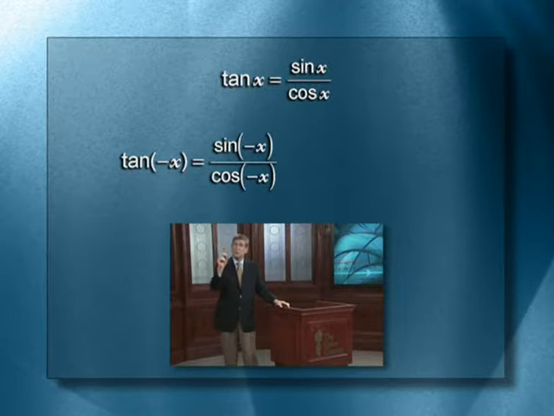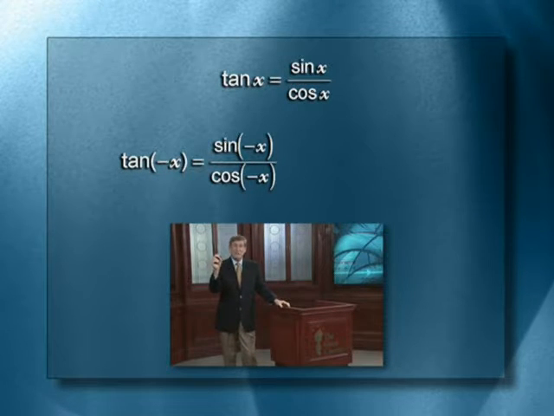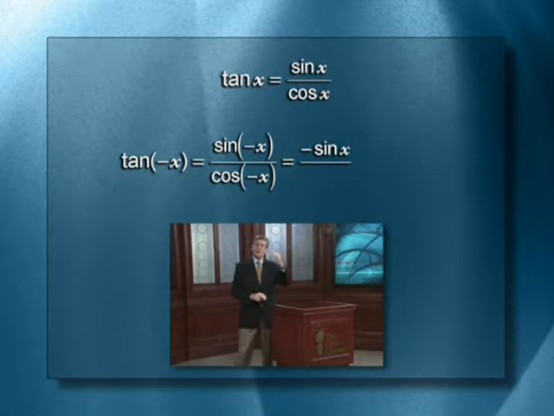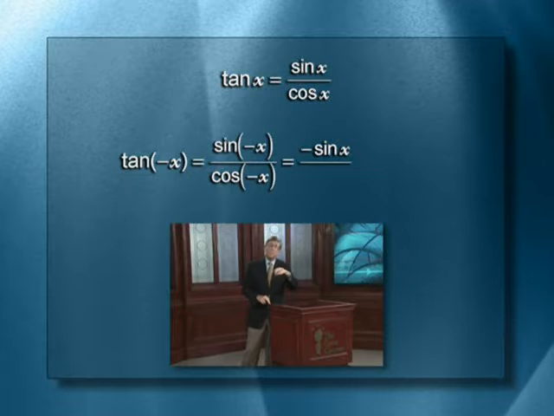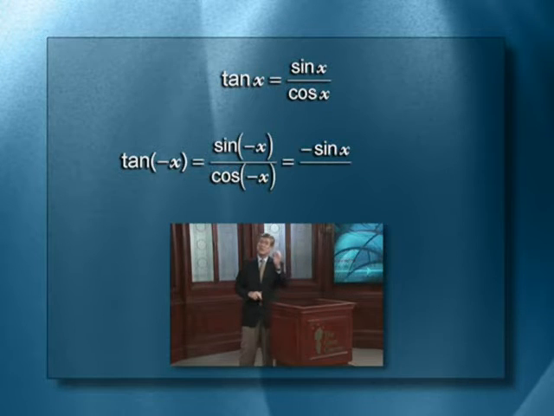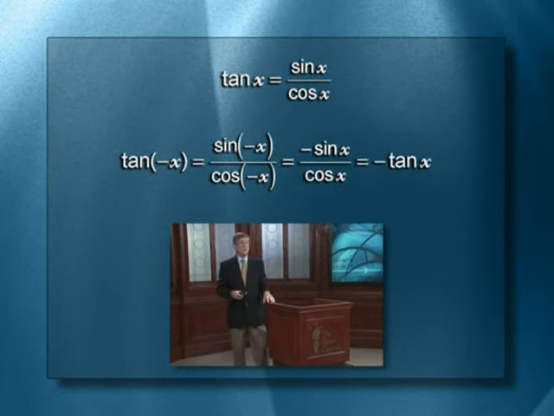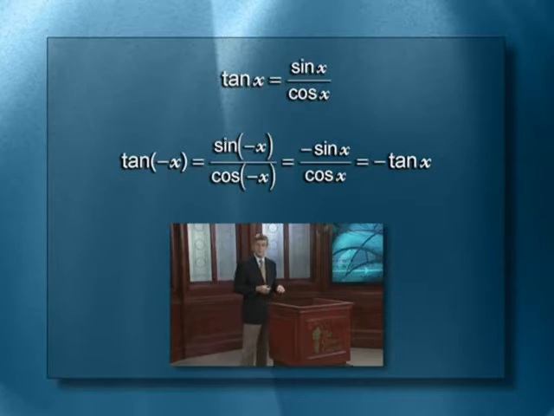Then remember the numerator, sine of minus x, that's an odd function, so that's minus sine x, whereas the denominator is an even function, so cosine minus x equals cosine x. Pull out that minus sign and you have minus tangent x. So we'll have some symmetry here across the origin.